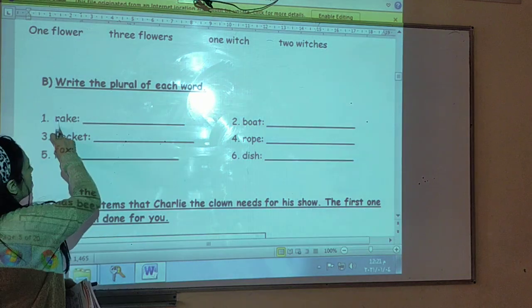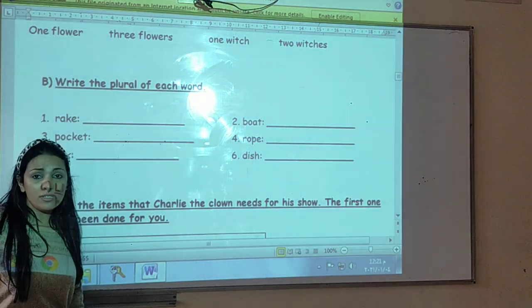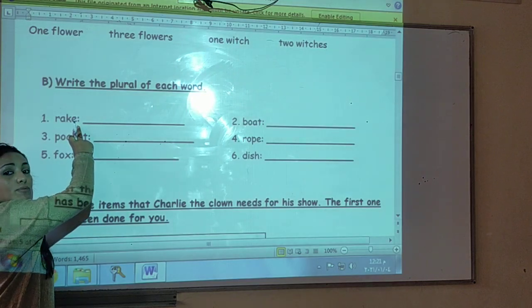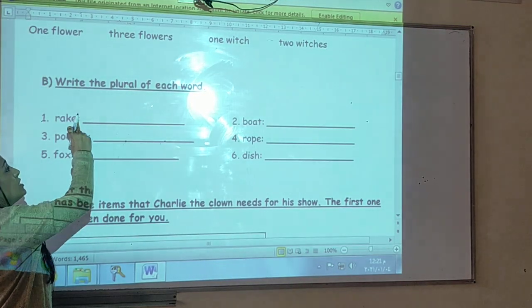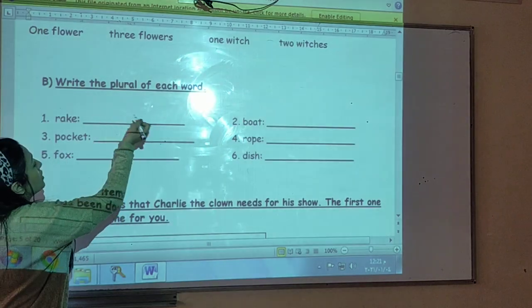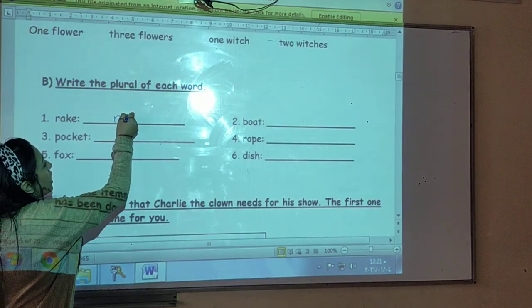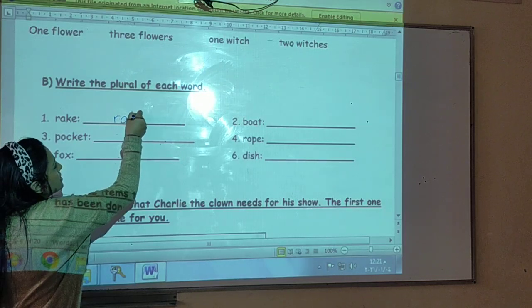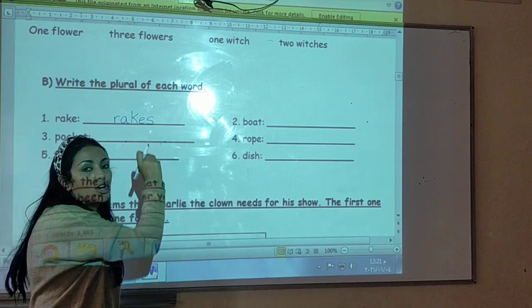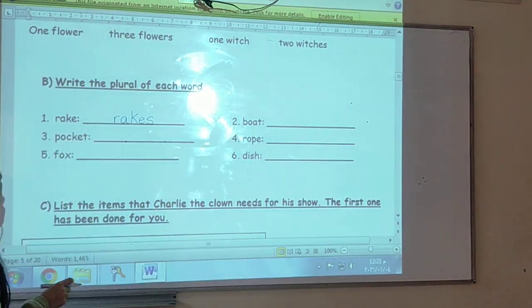Look here, race. Is it one of the exceptions? Does it end with any of the letters of the exception of ES, or does it end with Y in the second exception? No. So we are going to add just S. So it's races, we add just the S.